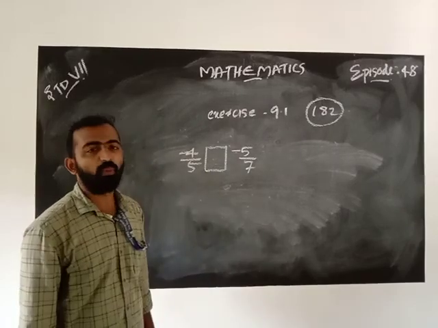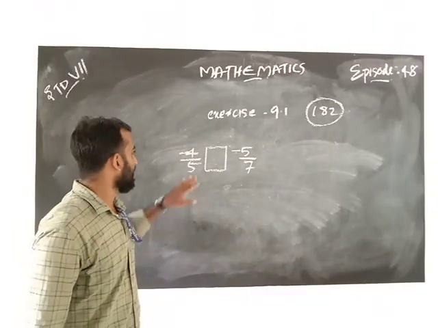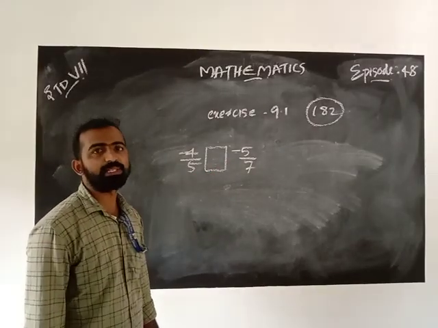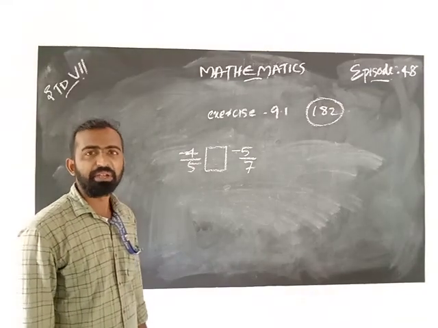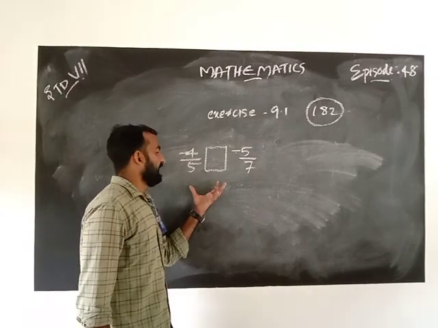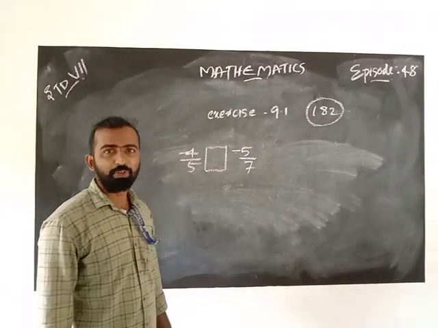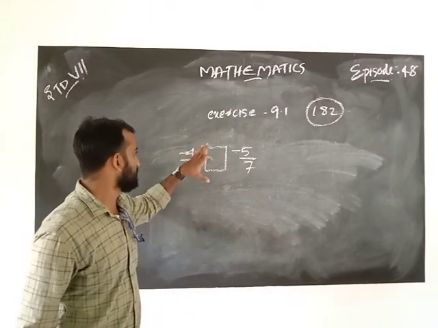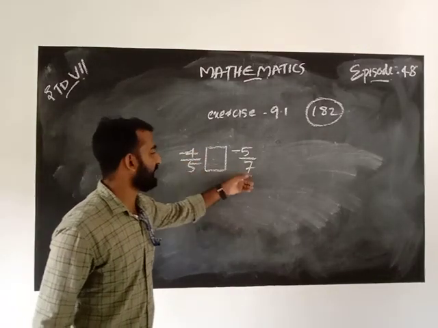What is the answer? When we look at these rational numbers, these two are negative rational numbers. So we want to make them the same denominator. This is the denominator and this is the numerator. Here it is 5 and here it is 7.